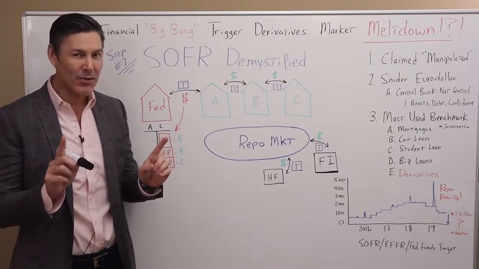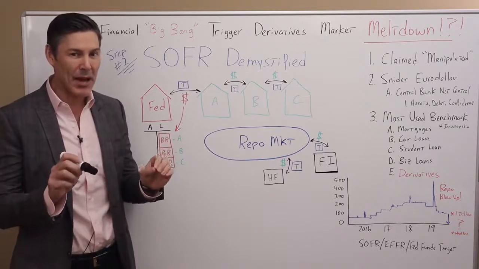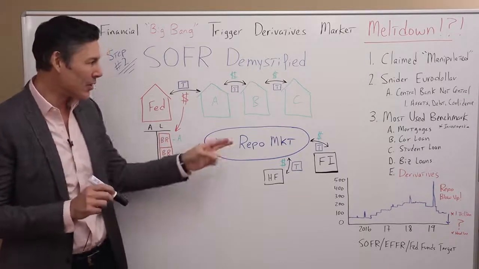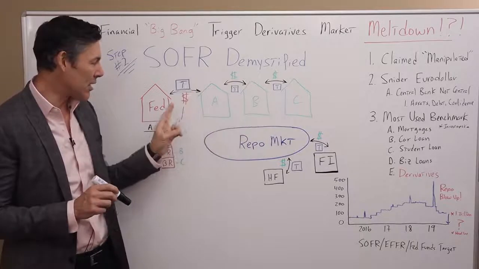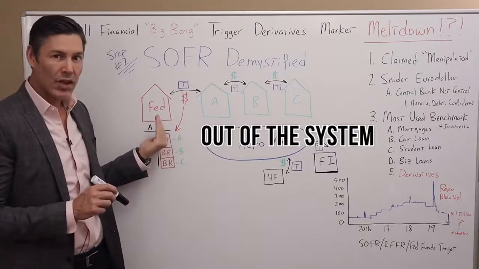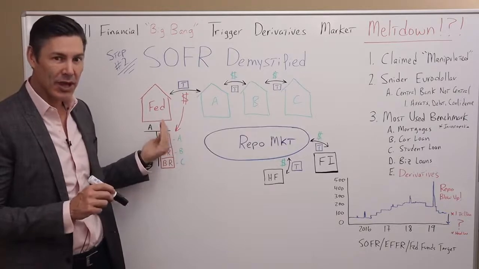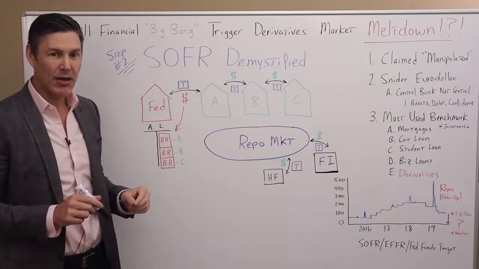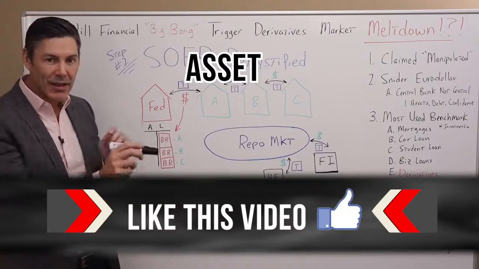But let's remember what's going on here. Let's really pay attention. What they're doing is they're taking treasuries, they meaning the Fed, out of the system. Whenever they do quantitative easing, as you guys know from watching my videos, all it is is an asset swap.